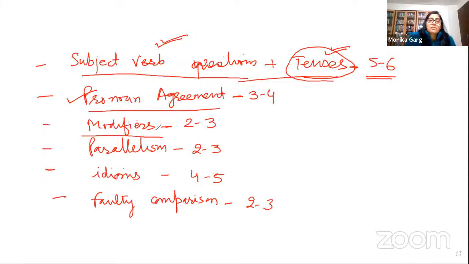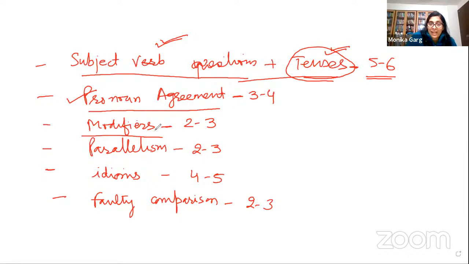A simple example may be, "while running for the bus, my book fell in the mud." If I let the sentence be like this, it means that the book was running for the bus. While running for the bus, my book fell in the mud. Obviously, the book cannot be the one who's running. It's I who am running.